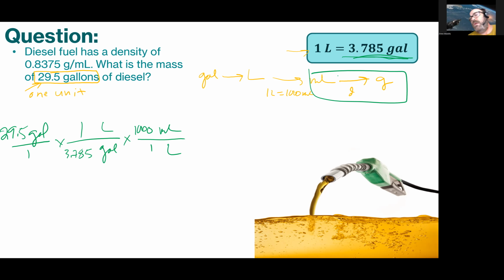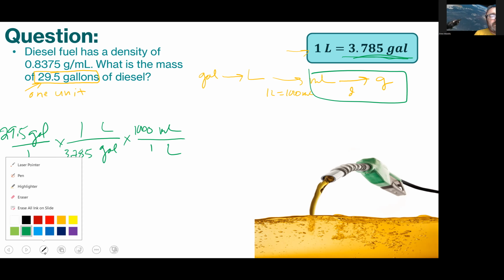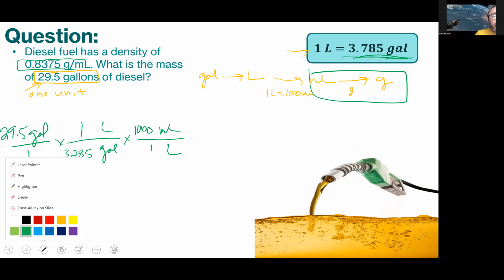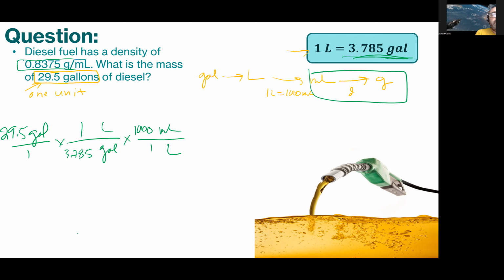All right, let's pause right here. You don't have to pause the video. I'm just going to pause the problem. When we're given the density, we were given the density written sideways, right? It says 0.8375 grams slash milliliters. So what that means is we have two options for this.